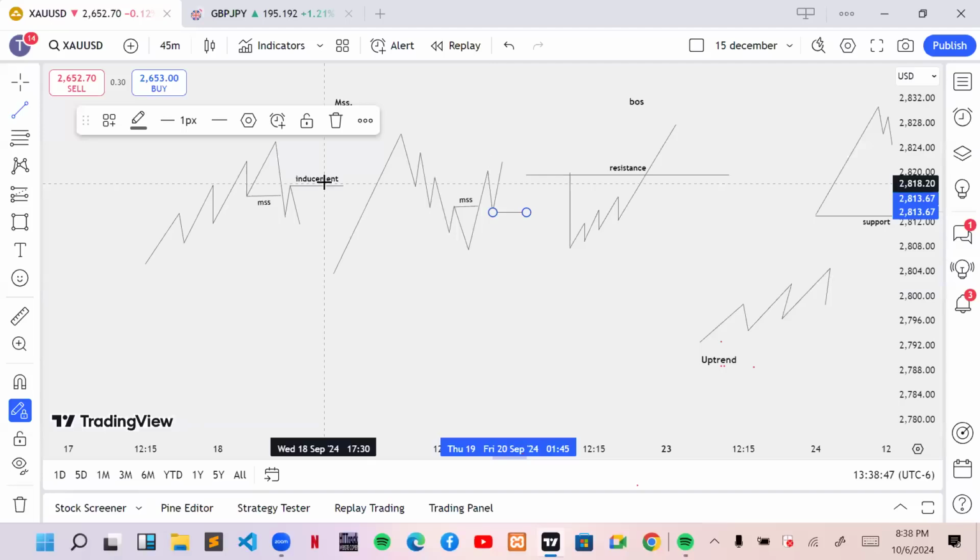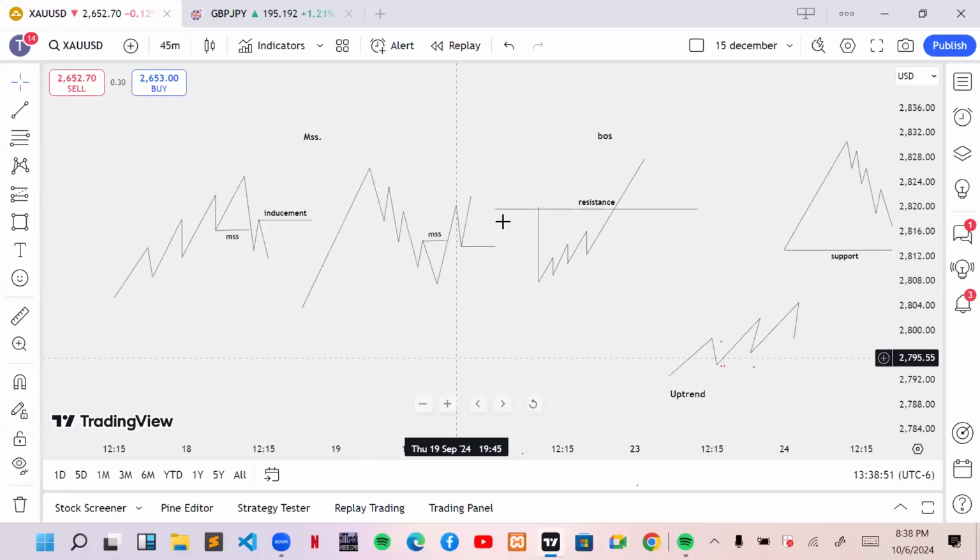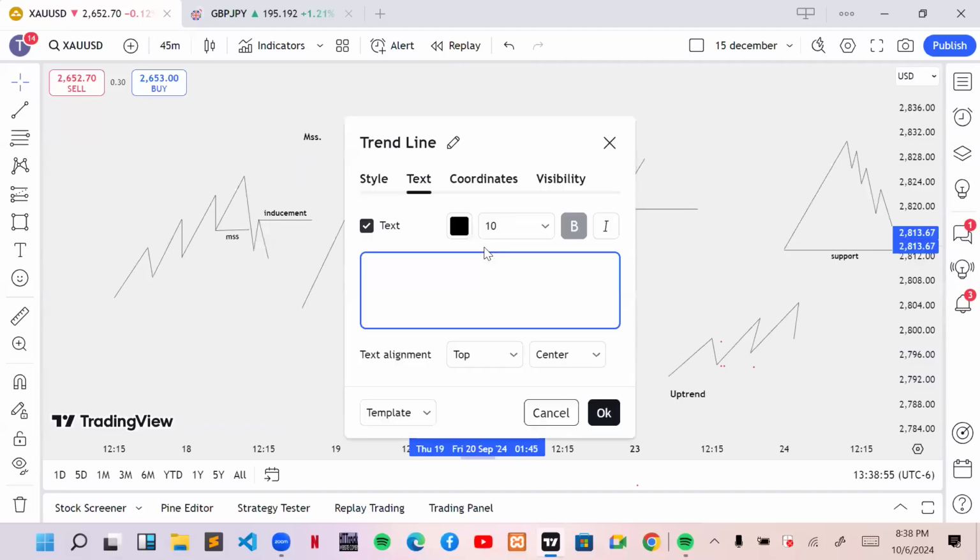So this is the inducement, the first pullback that market makes after a market structure shift or a break of structure. So this is the market structure shift for this side, and this is the inducement here. And this is the inducement right here.